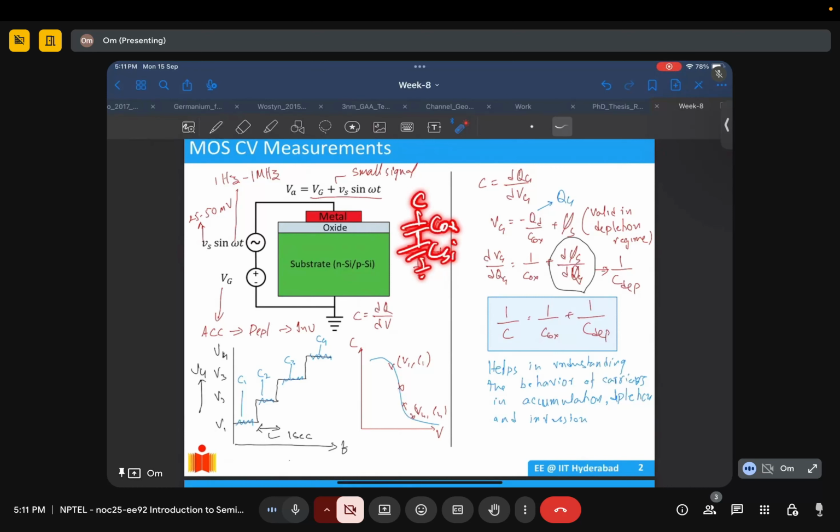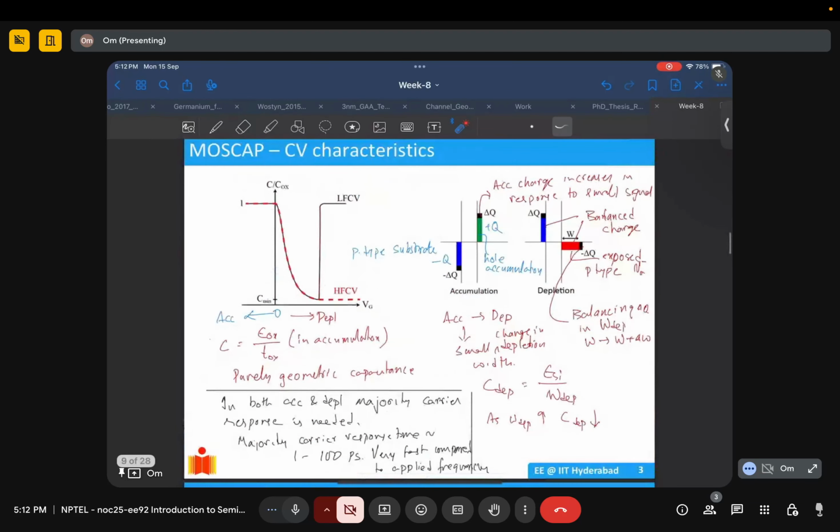So it could be C accumulation, depletion, or inversion, depending on the region of operation or the bias region. You might have seen this curve many times. This is a low frequency capacitance voltage curve, and this is a high frequency capacitance voltage curve for an N-type MOSFET.